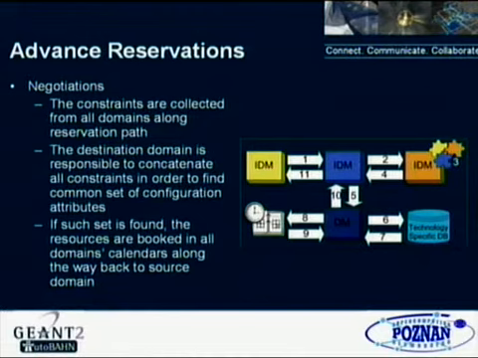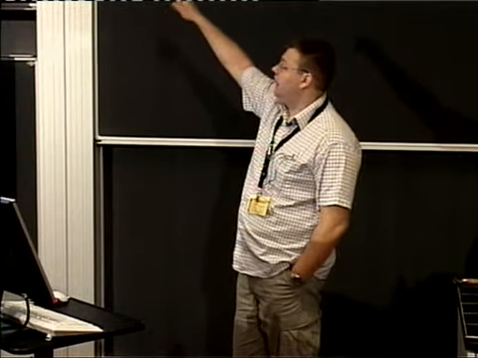Again, for Ethernet, if the yellow IDM says the VLAN number can be from 100 to 200, the blue IDM says it can be from 50 to 100, and the orange IDM says it can be from 75 to 100, then the common choice of the VLAN is between 75 and 100. So it chooses randomly, for example, the number 80, and all the Ethernet domains need to use VLAN number 80.